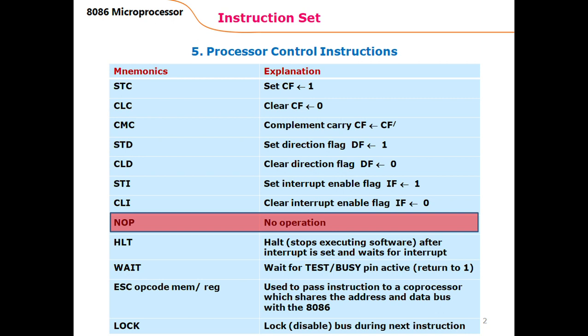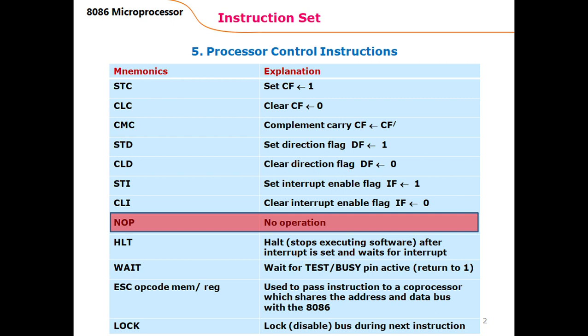And if a longer delay was desired, then this instruction was used many times, and sometimes in loops. Another purpose of this instruction was to aid in programming, and that is just to keep space for future instructions.